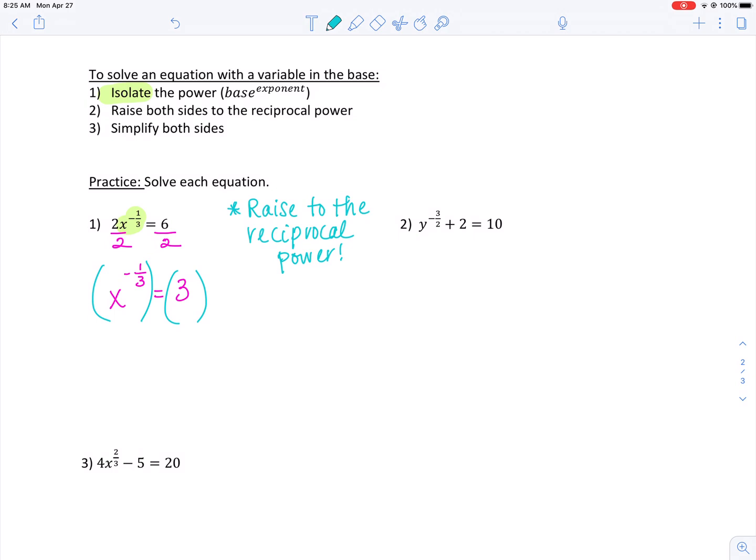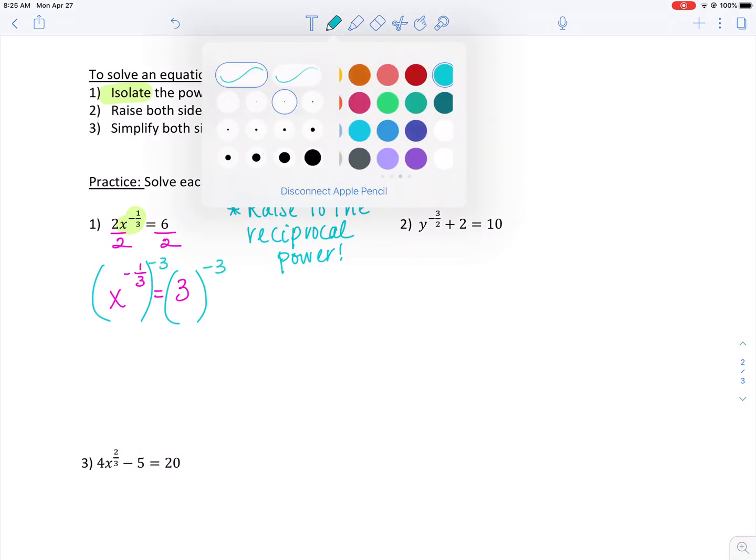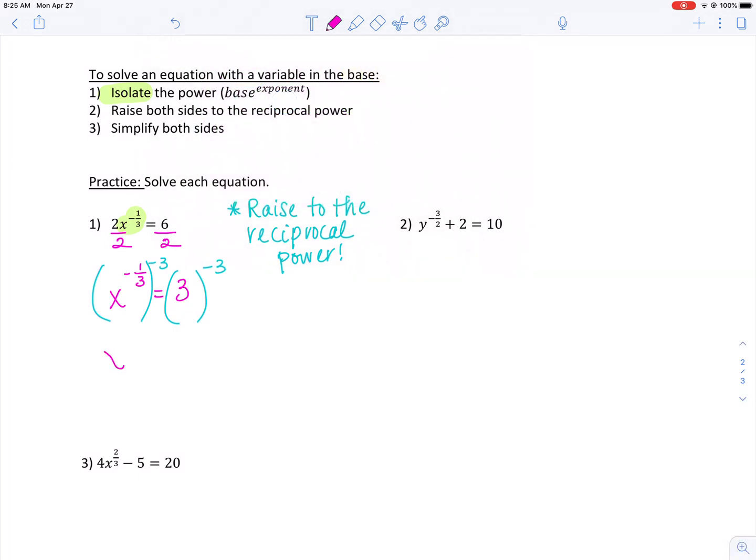So the reciprocal of negative 1/3 is negative 3. When you do that, this just becomes x, because it's technically negative 1/3 times negative 3 over 1, which gives you 3 over 3, which is 1. So that's x. Now you're going to do 3 to the negative 3rd power, which is a fraction.